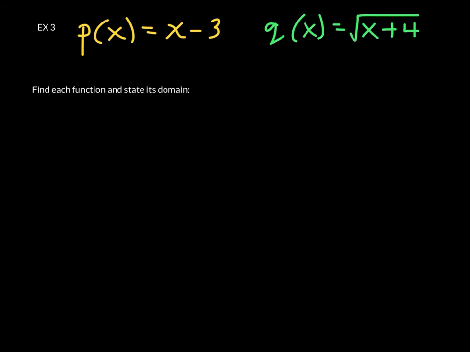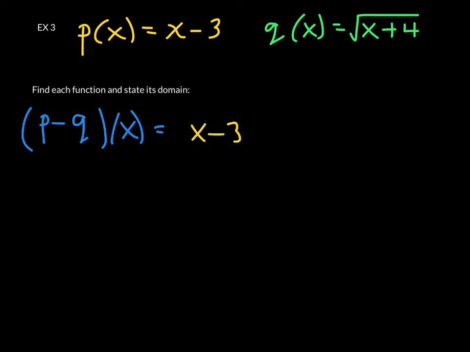So the first function I'm going to have you find is a difference function, and it'll be p minus q at x. So this is very similar to what we were doing earlier, just with different functions. Now, we're going to take p, which is x minus 3.